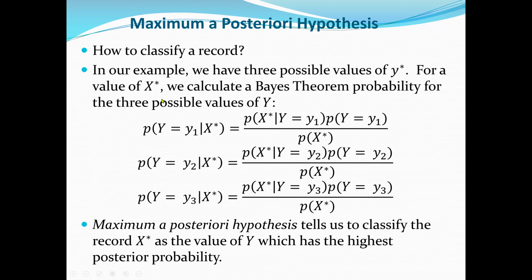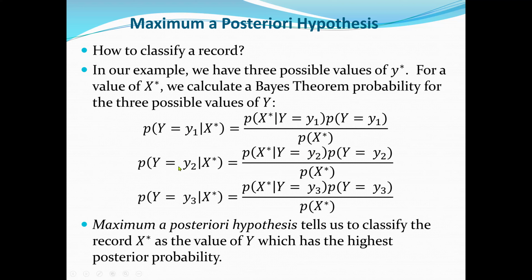So for a value of X star, which is our predictor or input variables, we calculate the Bayes theorem probability for the three possible values of Y. The first one is: what is the probability that Y equal to Y1 given the predictor variables X star? It is equal to the probability of X star given Y equal to Y1 times the probability of Y equal to Y1, all over the probability of X star.